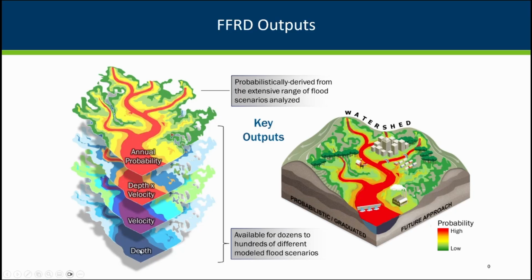You can look at just velocity, just depth, or all kinds of different scenario outputs from this approach to modeling. It's really exciting, and it's going to really help drive decisions at the local and regional level.